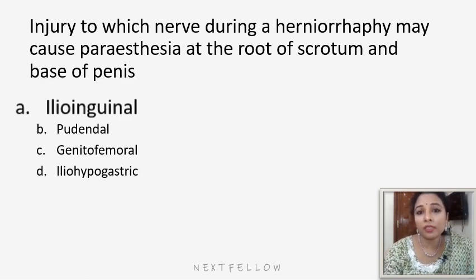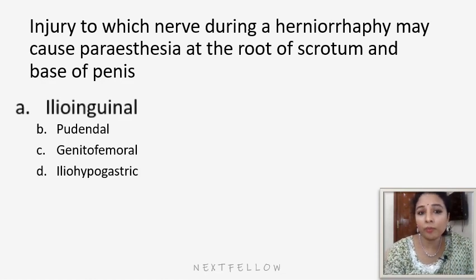In females, it continues to form the anterior labial nerve, which supplies the skin covering the mons pubis and labium majus. The nerve does not pass through the deep inguinal ring, and therefore it only travels through the inguinal canal. That is the importance of the ilioinguinal nerve.